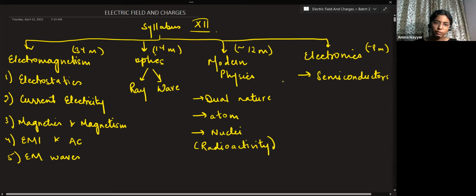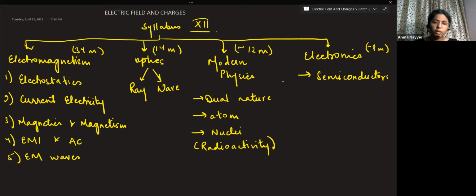Before we begin electrostatics, just note down the syllabus, and if you have any queries, you can always text me or you can unmute yourself.